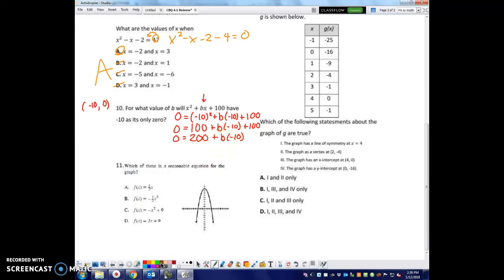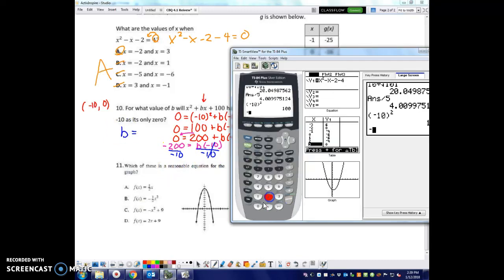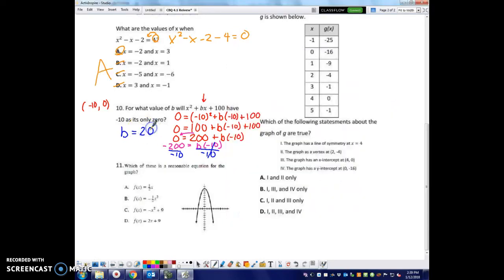So we need to move the 200 over to the other side. Okay, so it's negative 200 equals b times negative 10. Now, in order to get b by itself, we need to do what? Divide by negative 10. Okay, so that cancels here. So b equals negative 200 divided by negative 10 is 20.